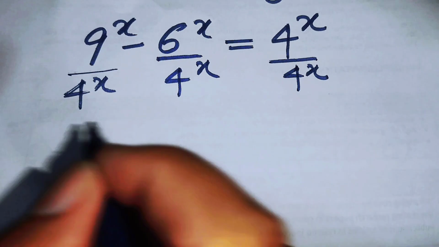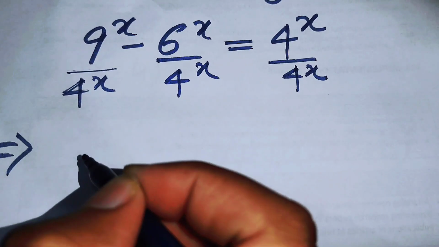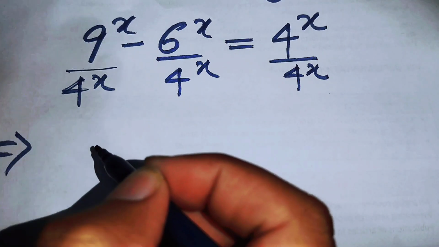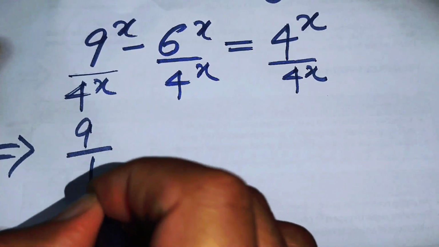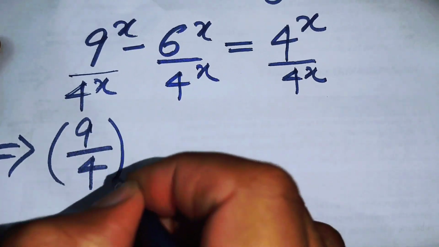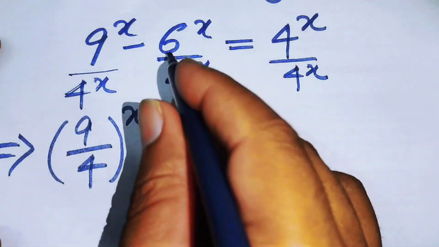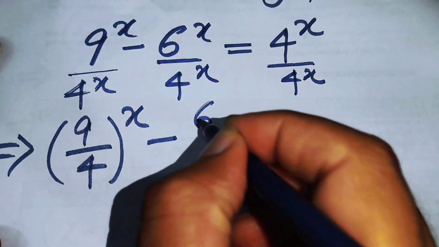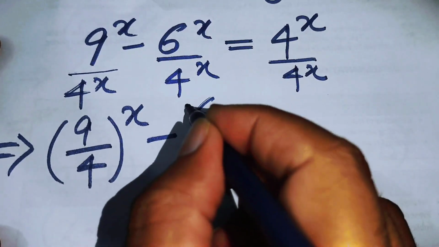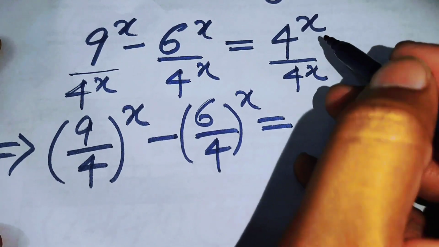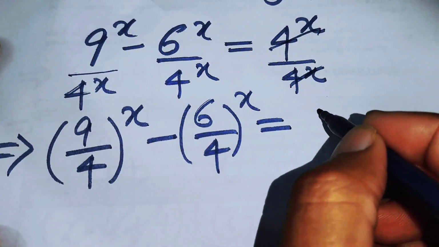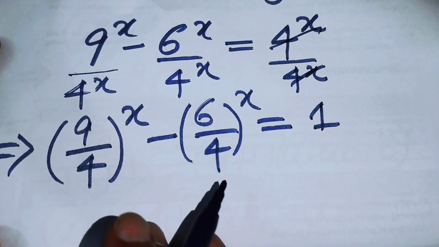So after that we will combine the exponents of these two terms, and we will write it as 9 over 4 to the power of x minus 6 over 4 to the power of x is equal to, here these two are gone and you get 1.